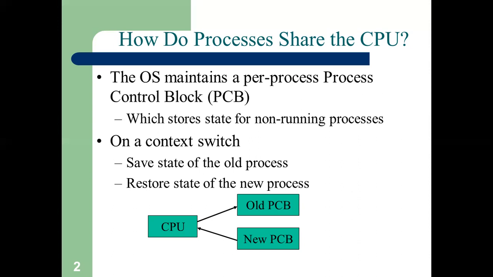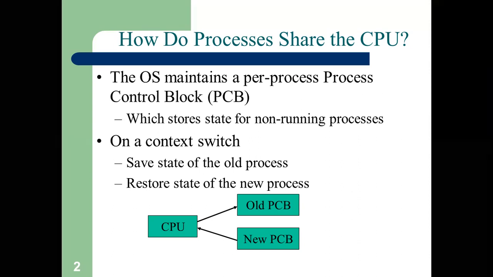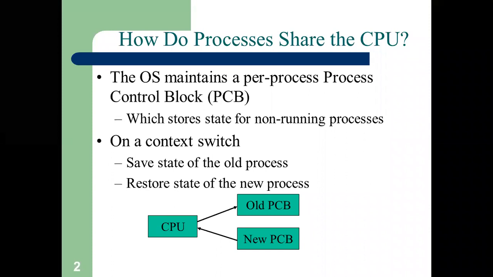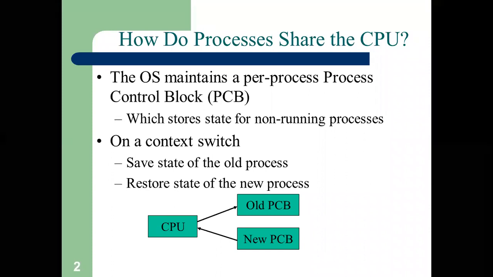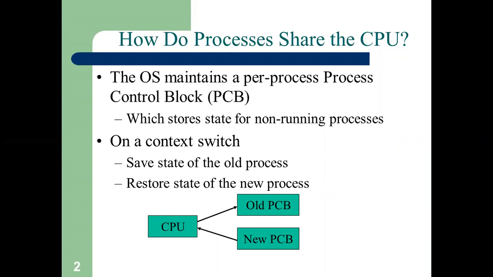All types of states are maintained somewhere in registers. So it saves the state of the old process and restores the state of the new process. Suppose there is a new process; how it maintains the record is called the restoration, or restore state, of the new process.